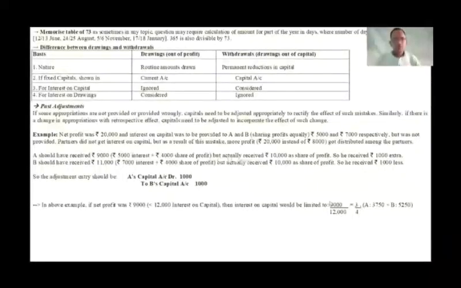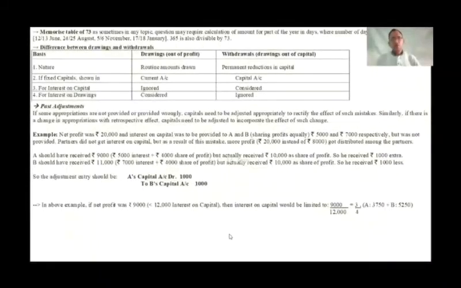What is the formula? Appropriations to be given comes in the denominator. Profit plus interest on drawings comes in the numerator. So profit 9,000, interest on drawings 0. So numerator is 9,000 upon appropriations to be given 12,000. So this ratio comes to 3/4.